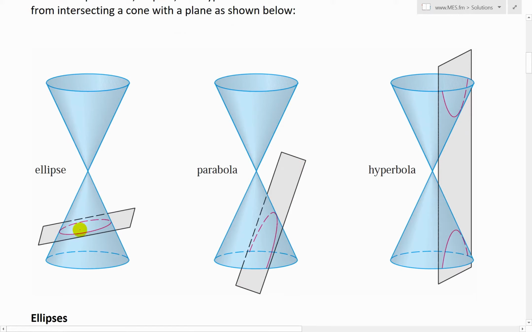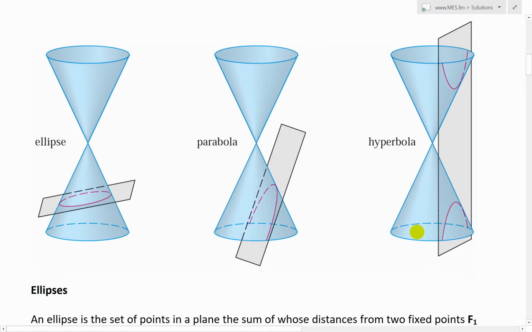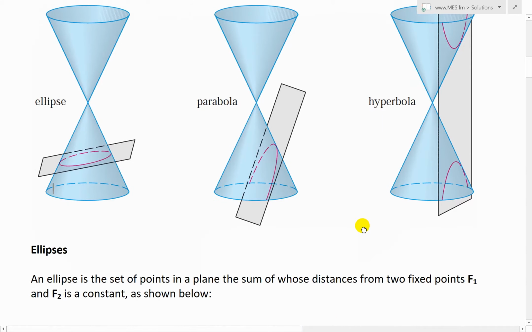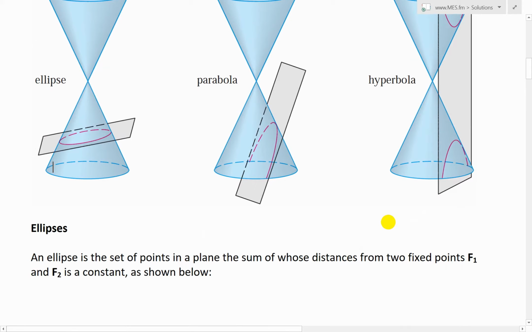If you cut through both sides like that you get an ellipse, and if this is perfectly horizontal, what you end up getting is a circle, where everything is symmetric like that. And here you get a hyperbola if you cut vertically on this mirrored cone, which is basically two parabolas, one up, one down, etc.